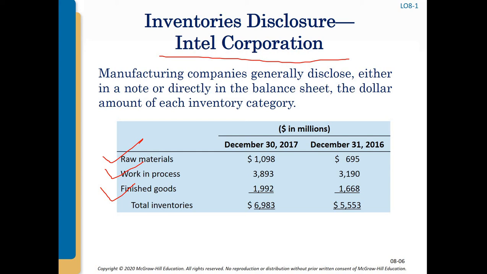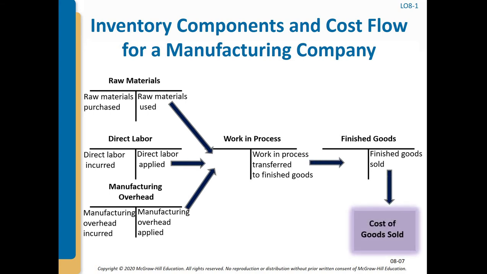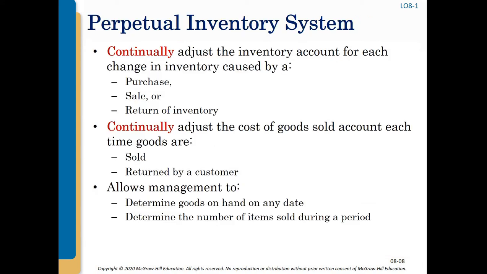There is total inventory, and these are the components of total inventories. The raw materials, direct labor, and manufacturing overhead are grouped together, they work together, and they become work in process, and finally they are the finished goods. And the cost of the goods is called cost of goods sold.